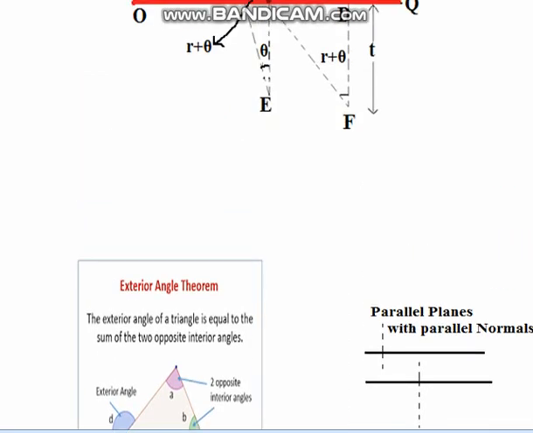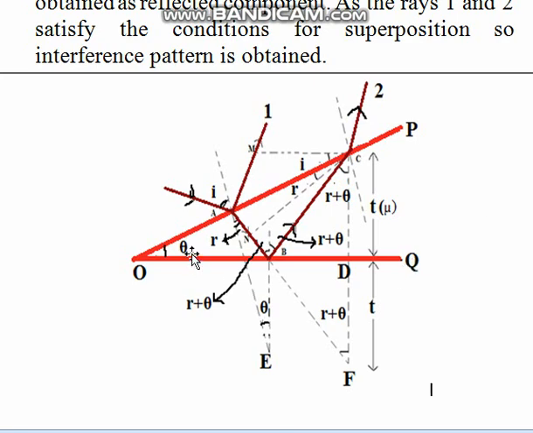By this rule, this angle will also be equal to theta. Now see, this is the angle of incidence i. Here this is the angle of refraction r.